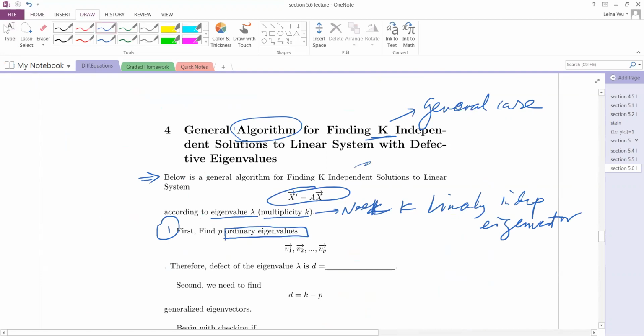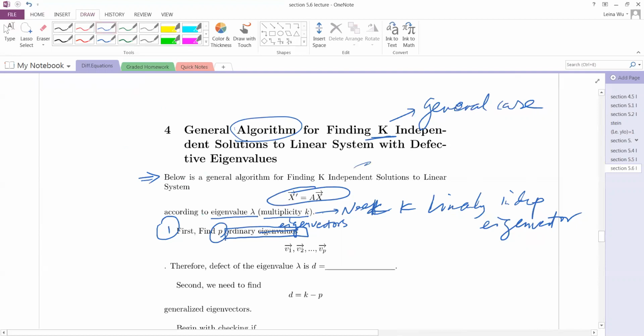So first step, we're going to look for ordinary eigenvectors. Let's find ordinary eigenvectors. Suppose you can find p of them. What's going to be the defect of this eigenvalue lambda, folks? P is what you currently have, but how many do you need?